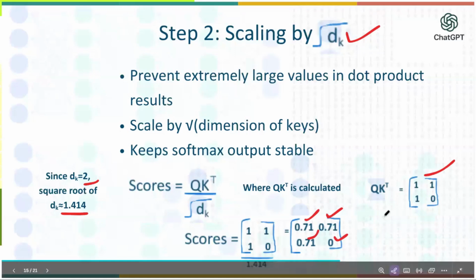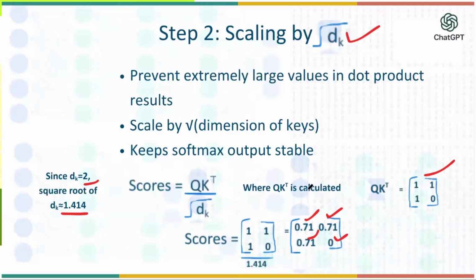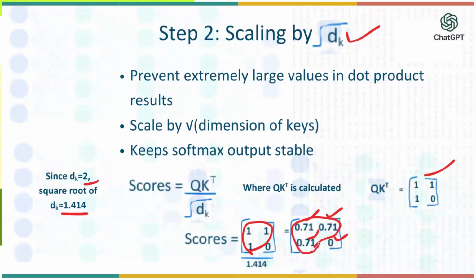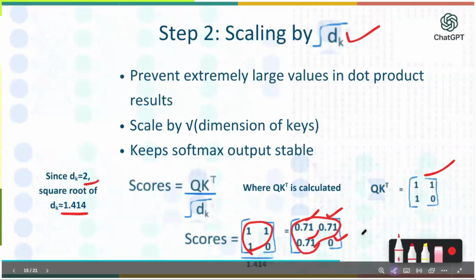The first three ones are just divided by this, and we obtain the first three 0.71, and the last one is 0.